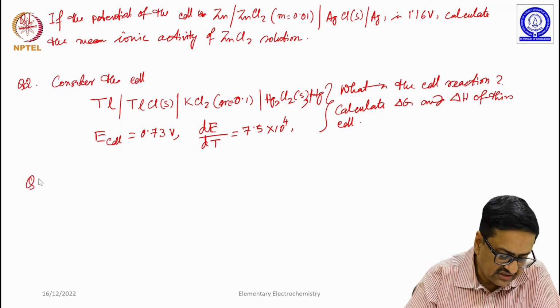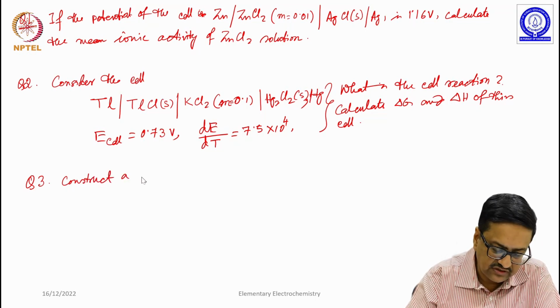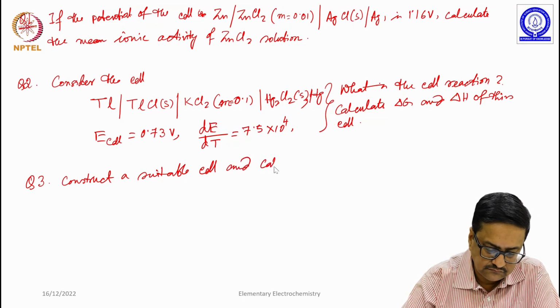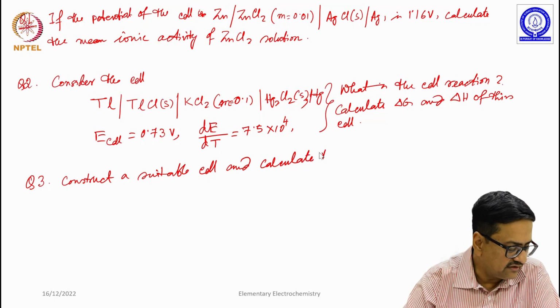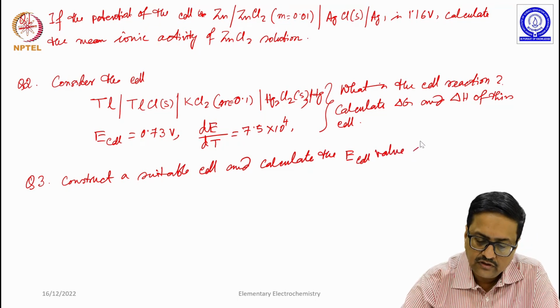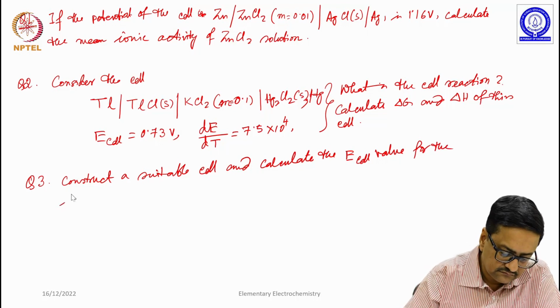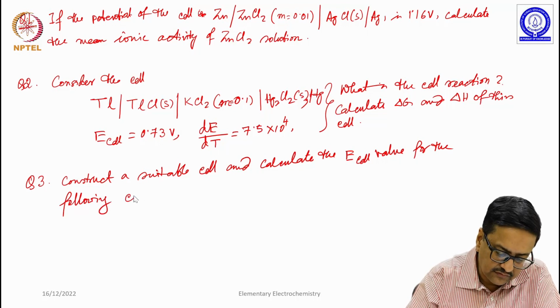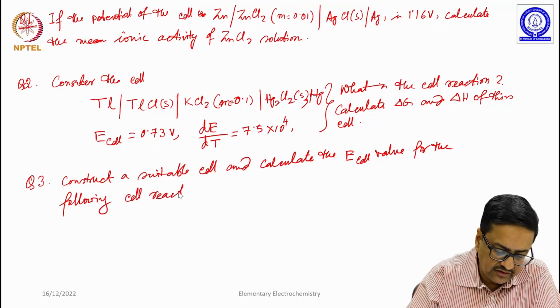And question number 3 is, construct a suitable cell and calculate the E cell value for the following cell reaction.